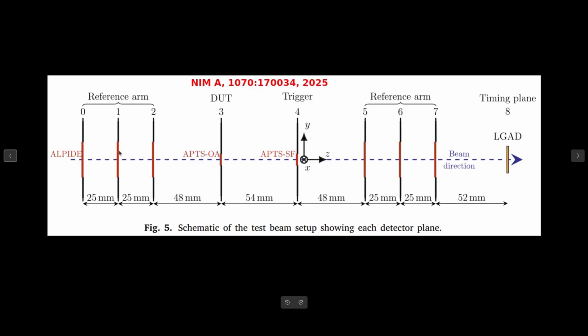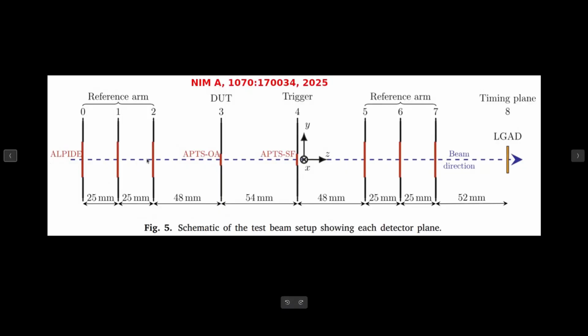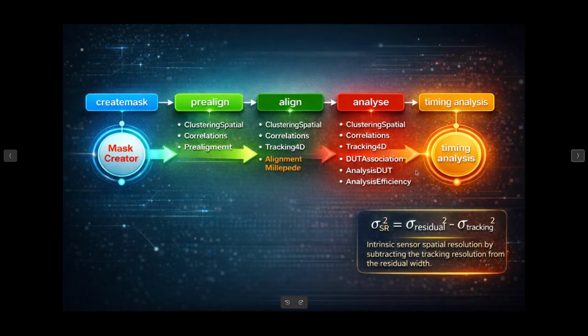So we translate in the x, y, and z directions using parameterized equations, and we also rotate in the x, y, z directions, so that we get the optimal position that gives a good chi-square. So in the alignment we align all the layers 0, 1, 2, 3, all the layers.